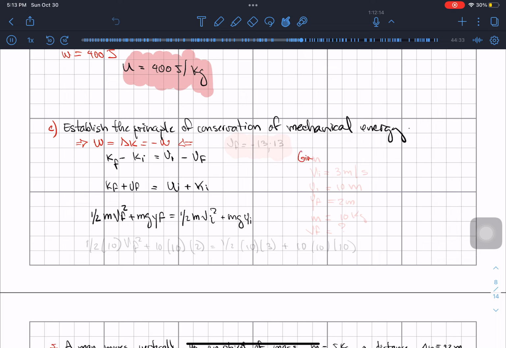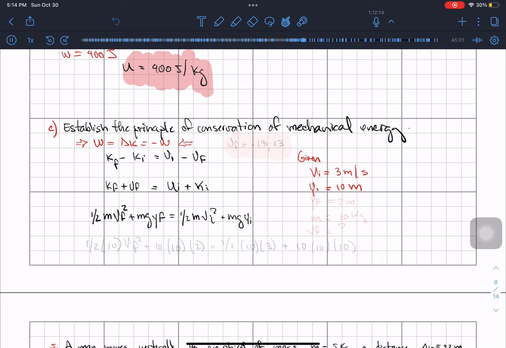So given by the problem, we know that the initial velocity was 3 meters per second. The initial position is 10 meters. The final velocity is 2 meters per second.